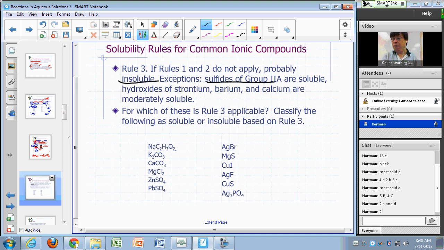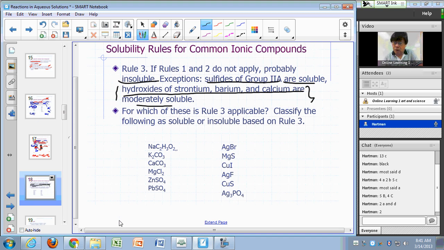Exceptions would be sulfides of group 2A are soluble, and then hydroxides of strontium, barium, and calcium are moderately soluble. In other words, these are what you would call your iffy cases. They may appear to be, depends on how much you actually use for your test.